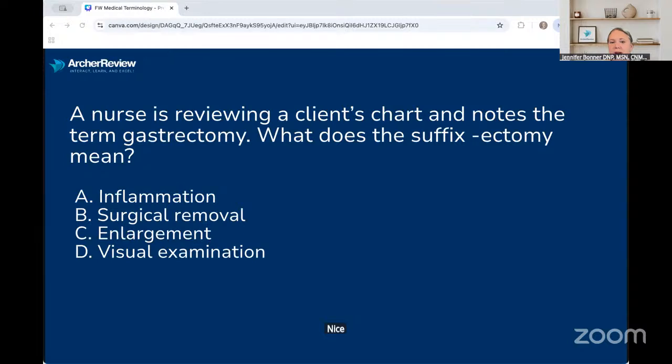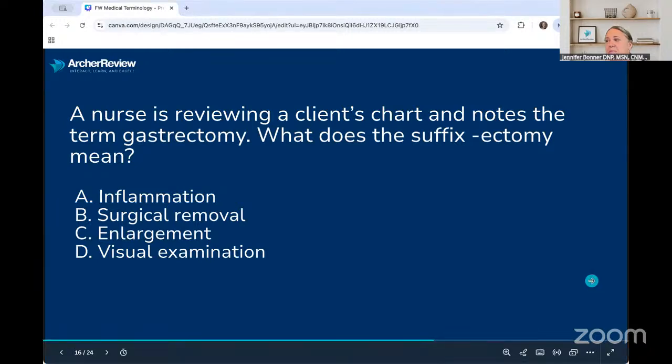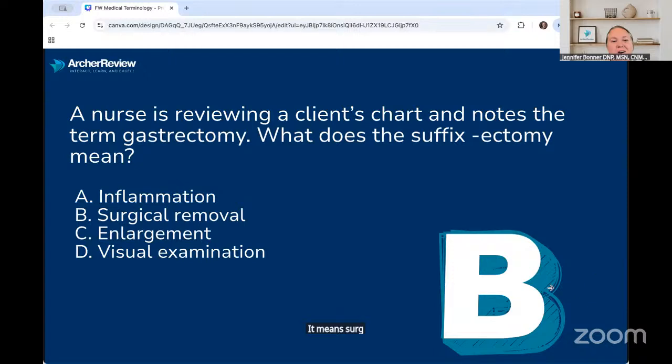Nice. I'm seeing some great answers here. So, ectomy. Excuse me. So, splenectomy means what? It means surgical removal. Nice job.